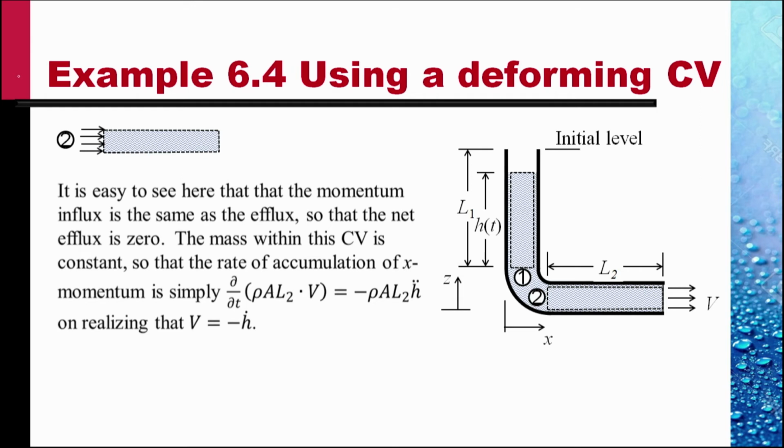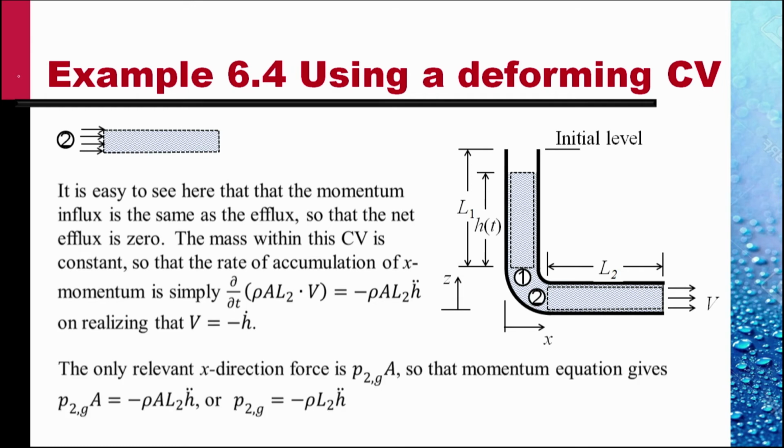The momentum contained within the control volume is rho A L2, the mass, times the velocity, and the velocity is minus h dot. So this is the rate of accumulation, and that should be equal to the net external force applied on the system. The only external force in the x direction is P2 gauge times A. And from this, we get P2 gauge is equal to minus rho L2 h double dot.